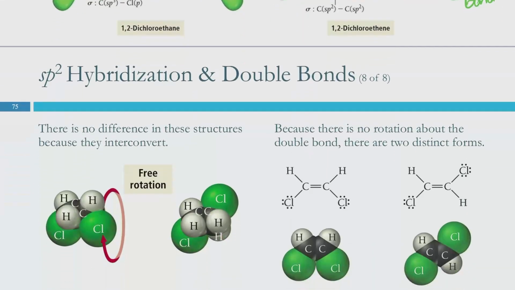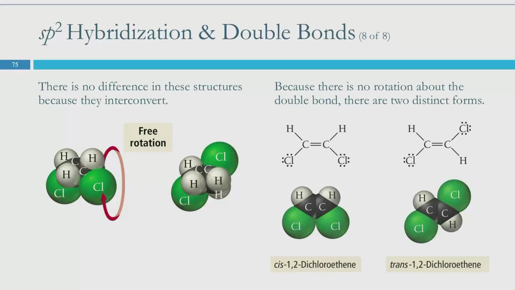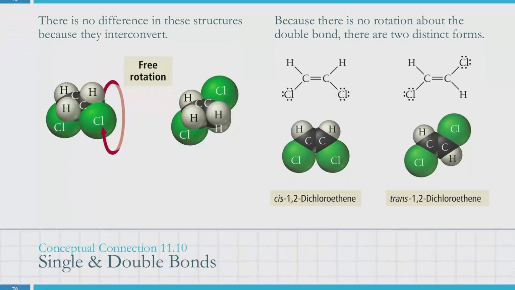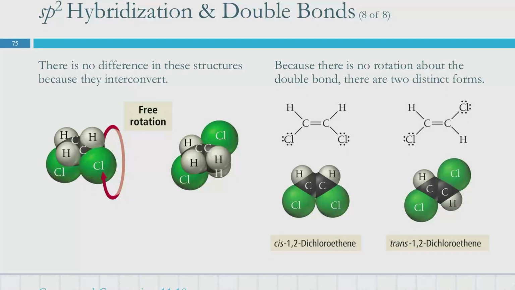And one of the effects that this has is that if you've got something with single bonds, you can have free rotation. Here we've got the carbon-carbon bond, and the chlorines can just freely rotate in whatever order. So having both chlorines down, as we've got them represented on the left, is the same as having one chlorine down and one chlorine up, because they can interconvert.